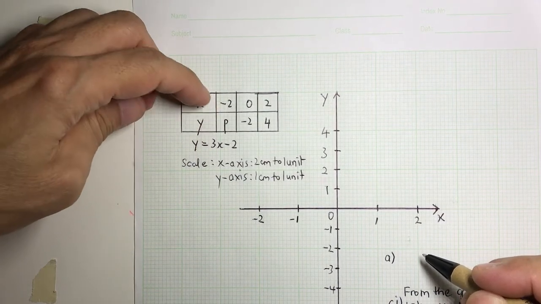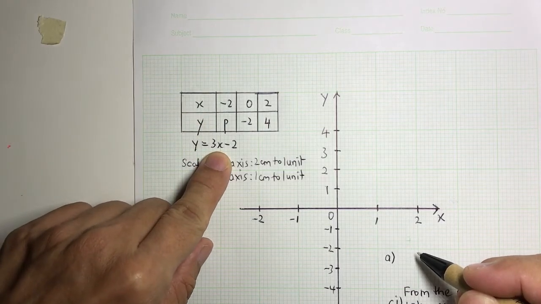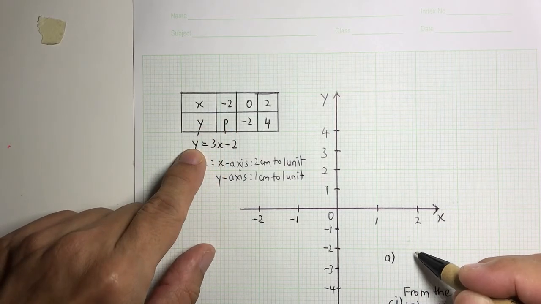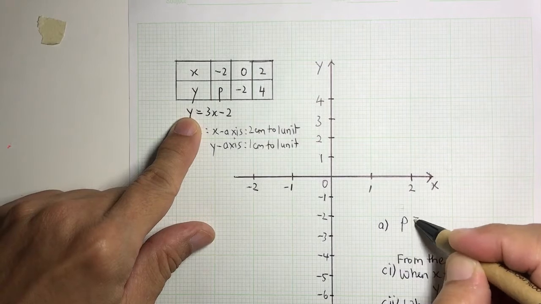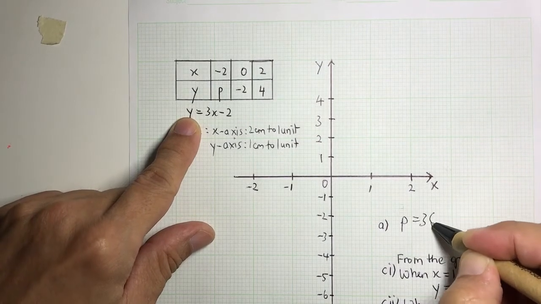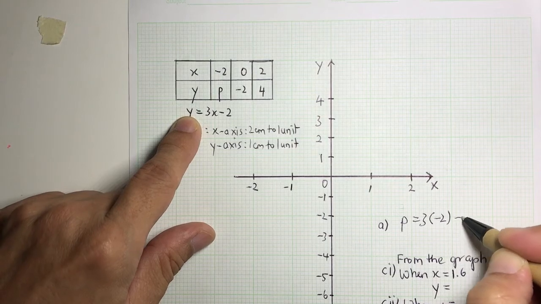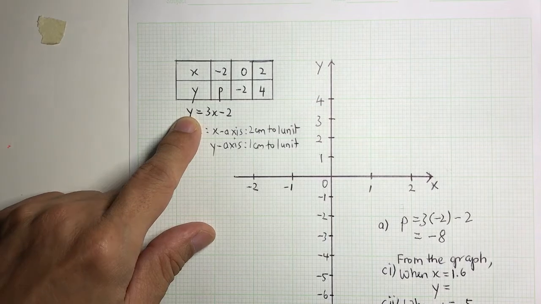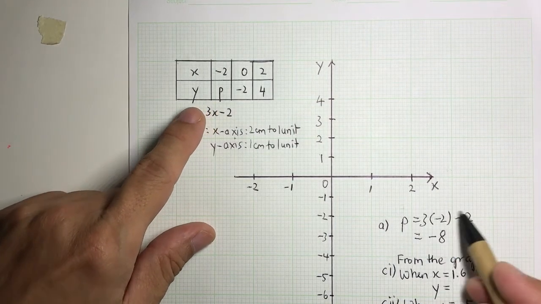X is -2, so the x in the equation is replaced by -2, and y is replaced by p, giving us p equals 3 bracket -2 minus 2. This gives us -8. So p is -8, and we need to show the calculation.